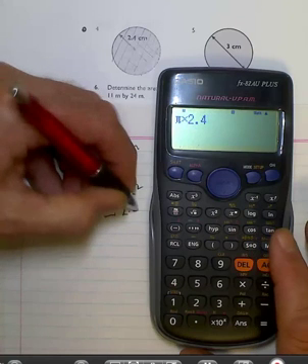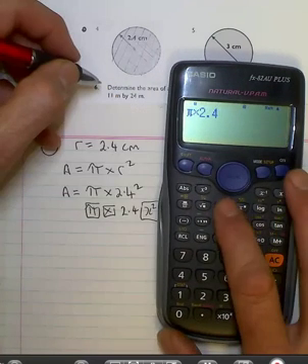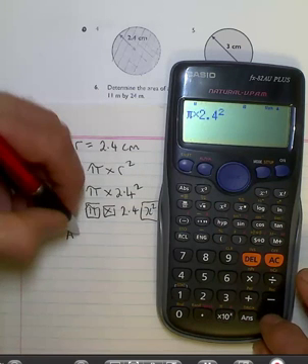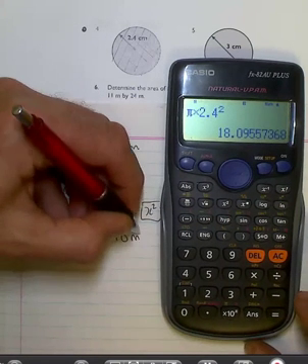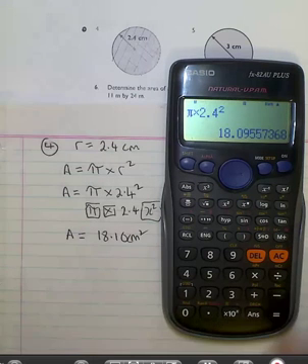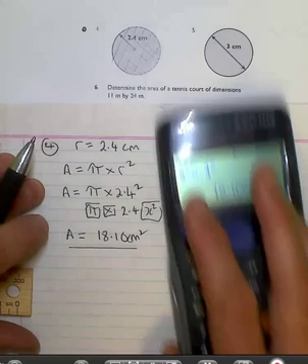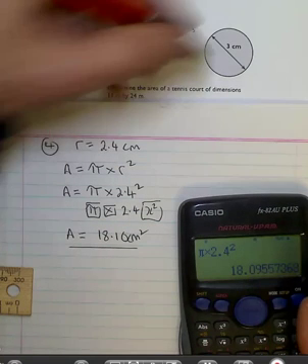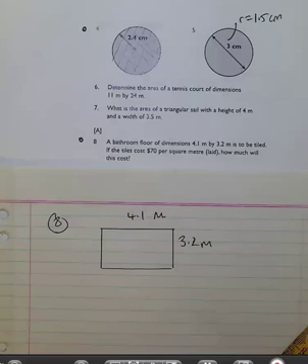So if I go 2.4 and press the X squared button, that squares it for me, finding the answer of 18.10 centimetres squared. A similar tactic can be employed for 5, but the radius in 5 is 1.5 centimetres.